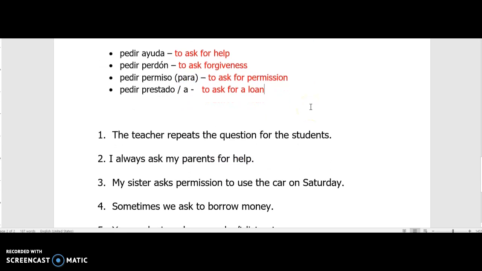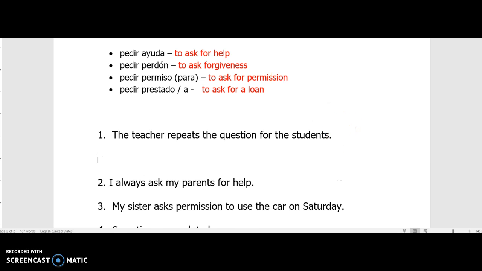All right. So the best thing to do now is to show you how these guys will all work in a sentence. Here we go. So we're going to start with a repeat question, the verb repetir. So the teacher. I don't know if it's a male or female, so we're just going to assume male for now. El profesor repeats. The verb, like I said, is repetir. Now I'm doing this on purpose wrong. I want you to see how it works.